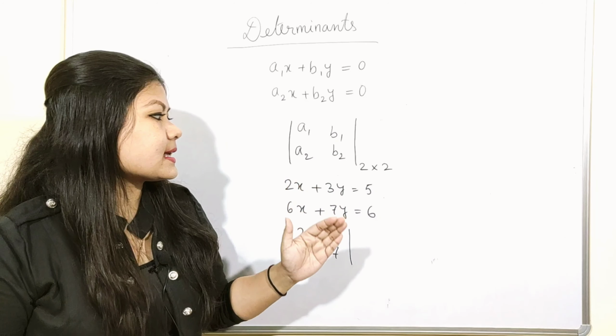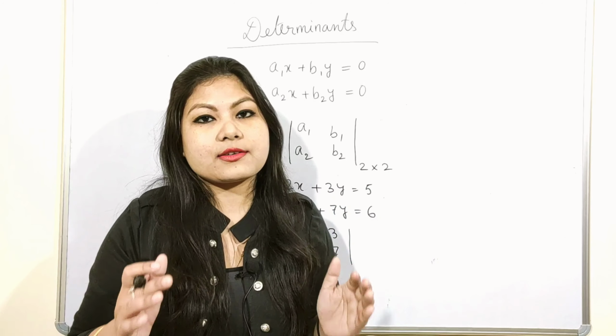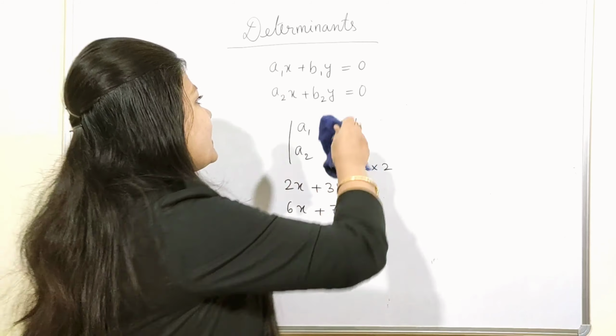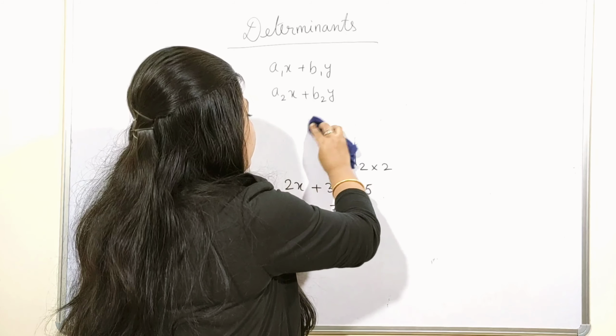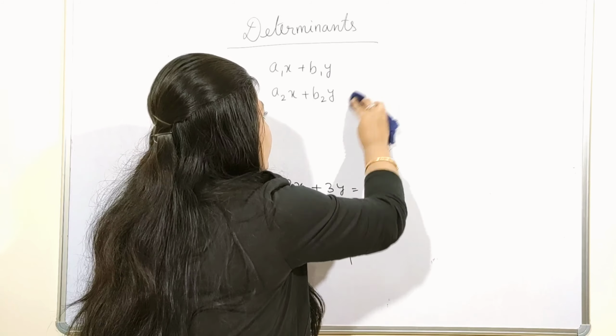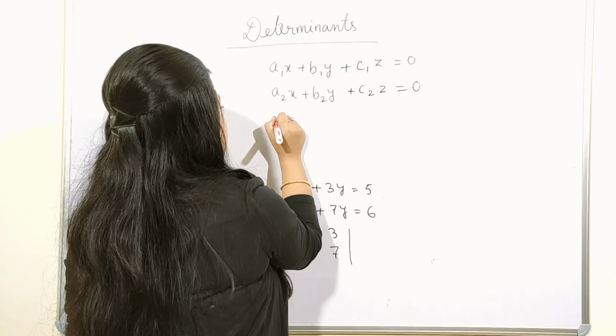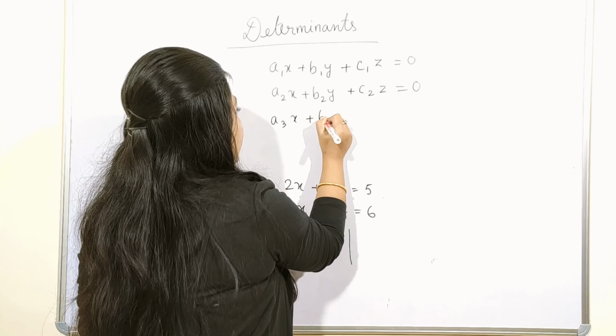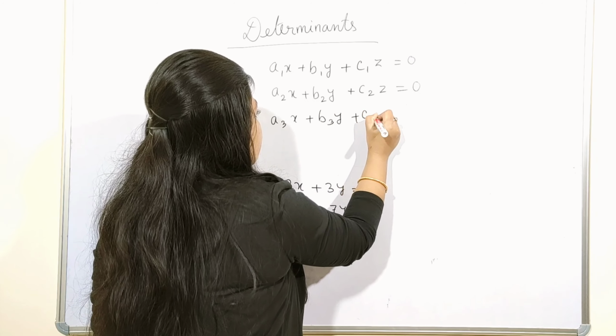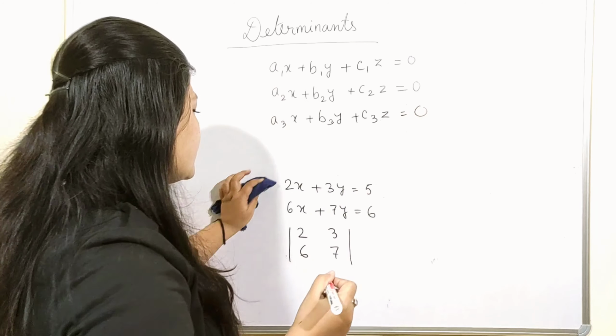Now let us discuss how to write a 3 by 3 determinant, where we are taking a general 3 by 3 system, ending with a3x plus b3y plus c3z equal to 0.